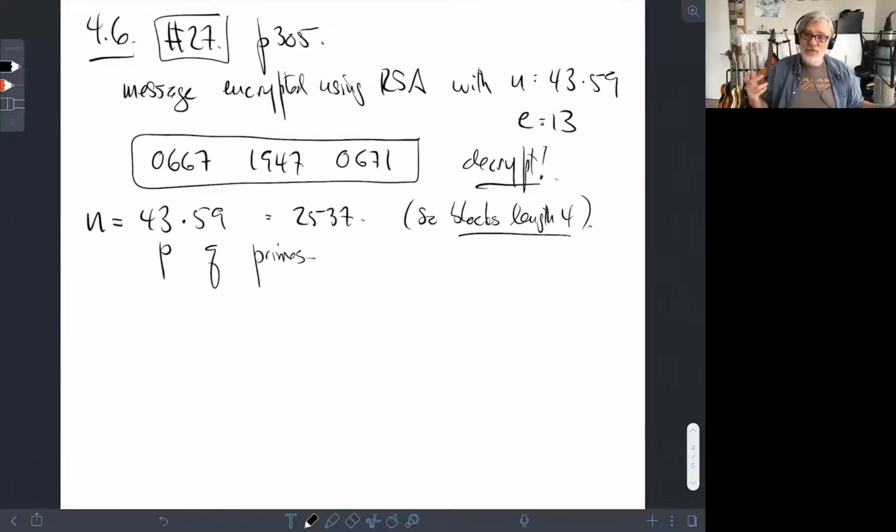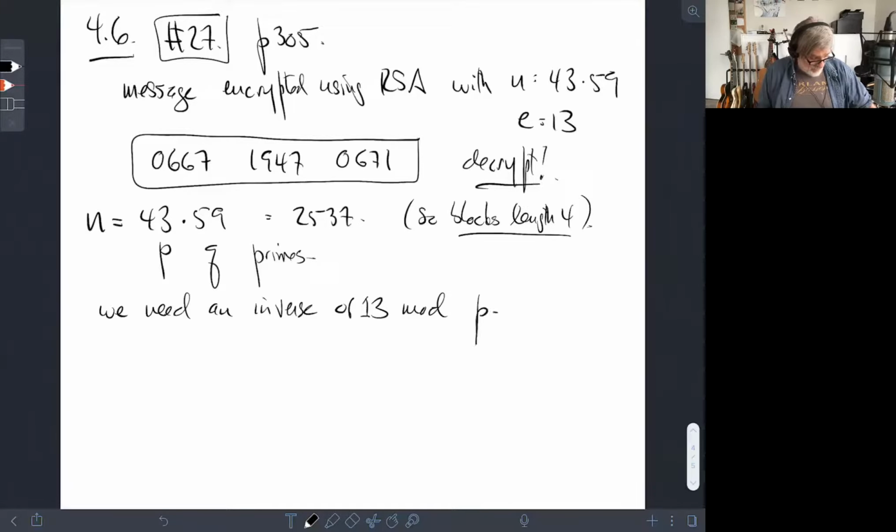Okay, so what do we need to do? We need an inverse of 13 mod (p minus 1)(q minus 1), which is 42 times 58, which is 2436.